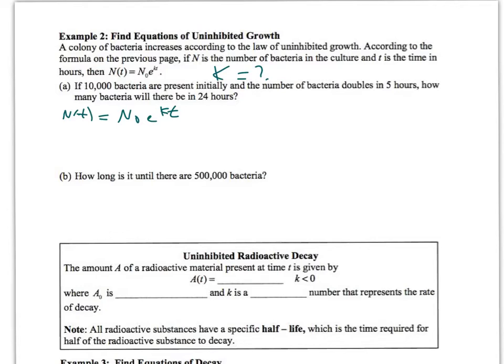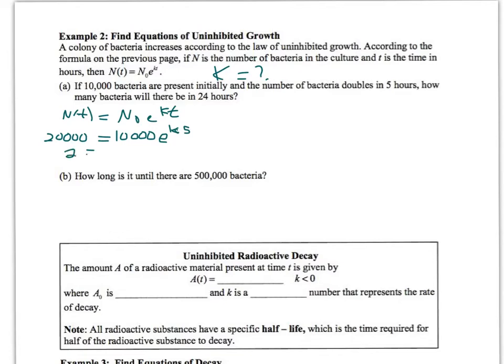Now, there are 10,000 bacteria initially, e to the kt. We still don't know k, but we do know that in 5 days it doubles. So for time, I can plug in 5, and that should equal 20,000, because that's double our initial amount. So now we have an equation with one unknown, we can actually find what k is.